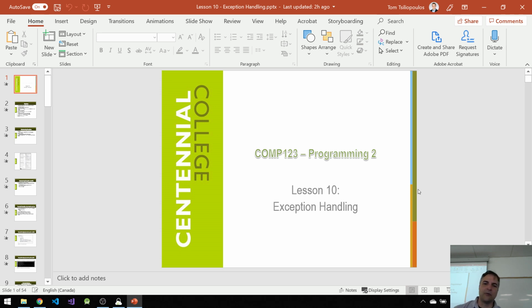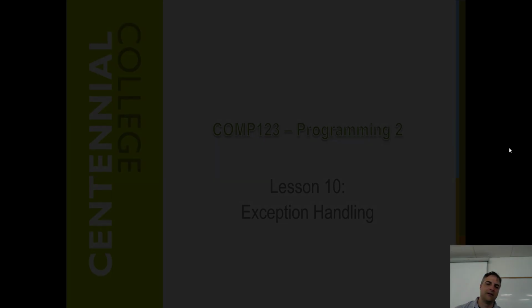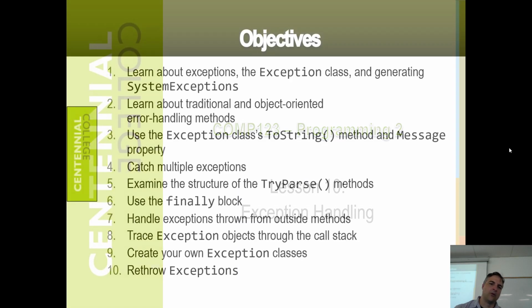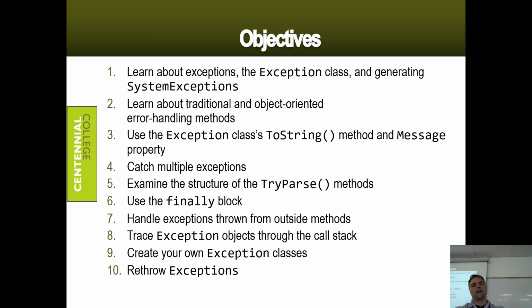So first, let's start with a quick lowdown on exception handling. What is exception handling? Imagine when we have a lot of errors, and you might have different kinds of errors. You might have syntax errors, which are going to be caught before compile time. And then you might have a logic error, and that gets caught when you do some debugging.